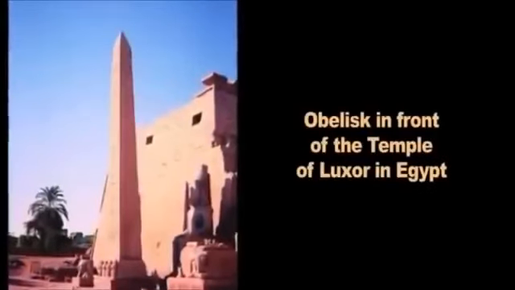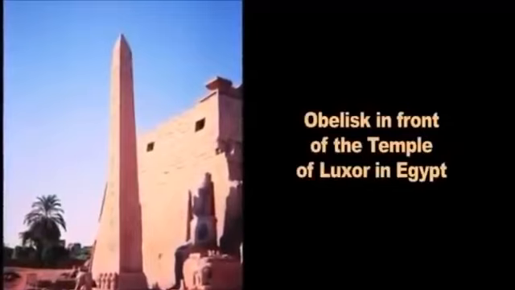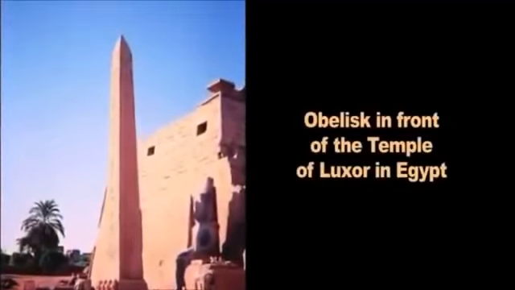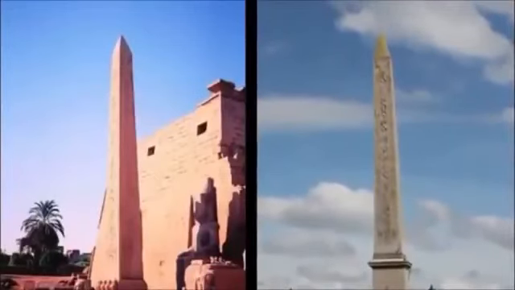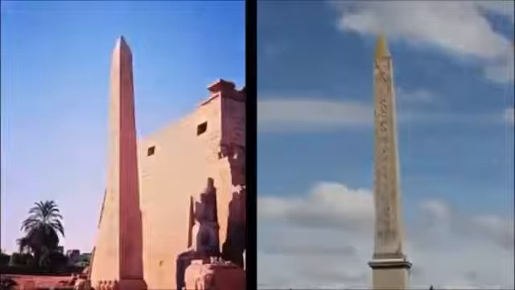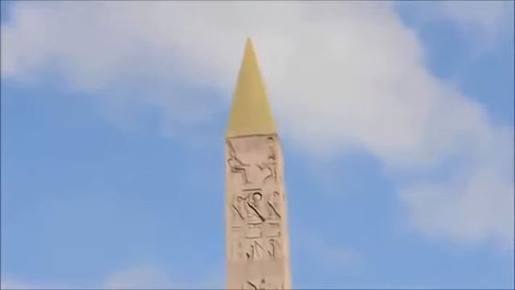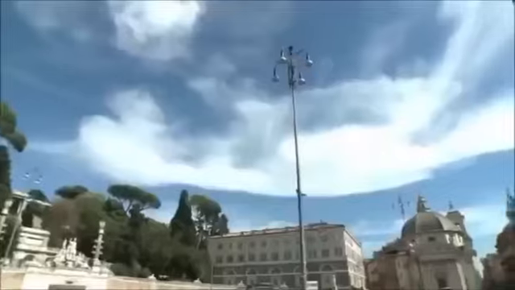Obelisk was set up at a temple or tomb as a monument to worship the sun god. It typically had a pyramid-like shape at the top, and the pyramid is the emblem of the sun god of the Egyptians, Ra. Like this, the obelisk was made for the sun god.